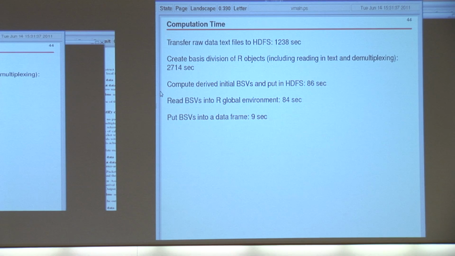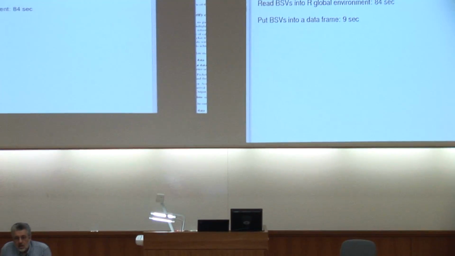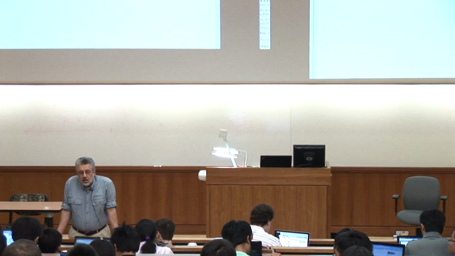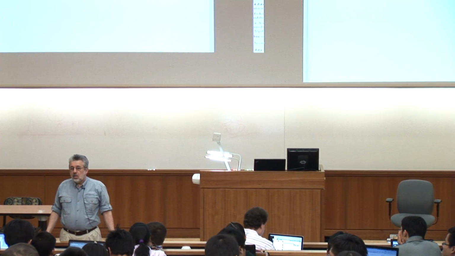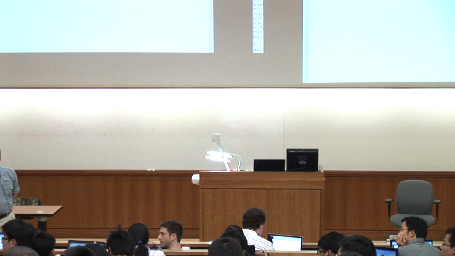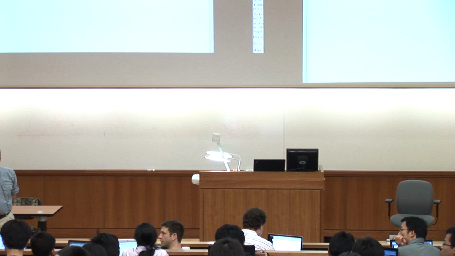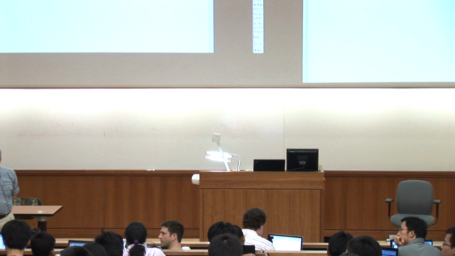Yeah? I'm wondering, when you're reading in the text files, at what point you get to the key value paradigm. So the question was, at what point do you get to the key value paradigm? Since this is a MapReduce job, we put them on the HDFS as zipped up text files.